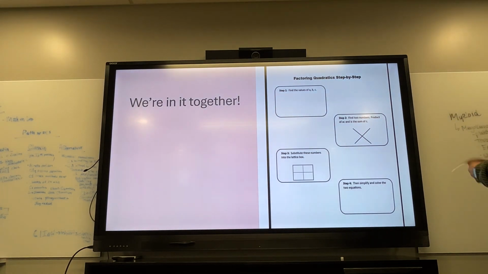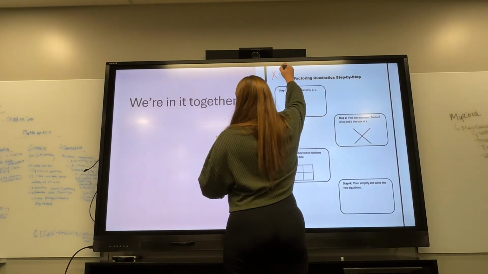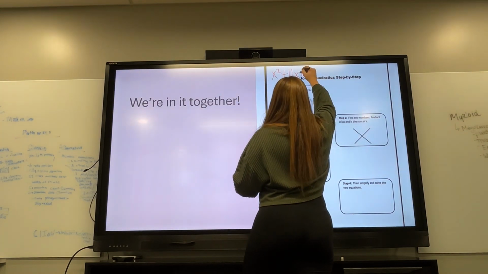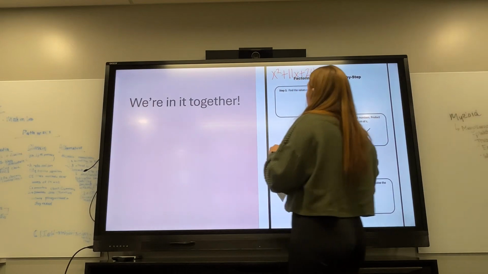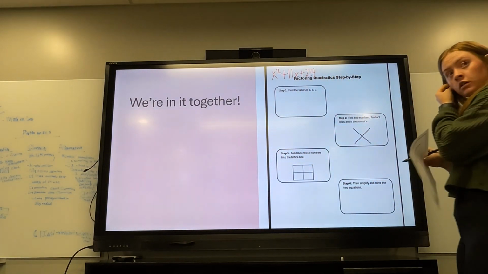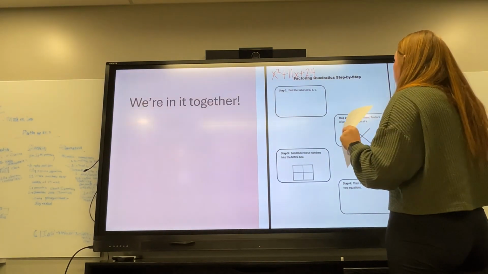Okay, let's do x squared plus 11x plus 24. Okay, so we have to find the values of a, b, and c.